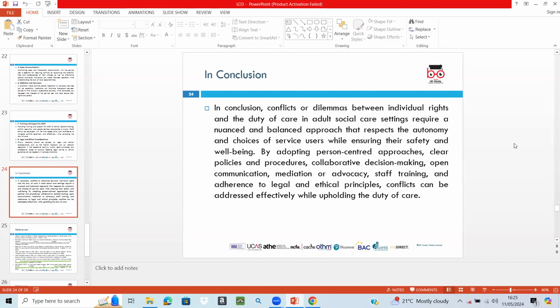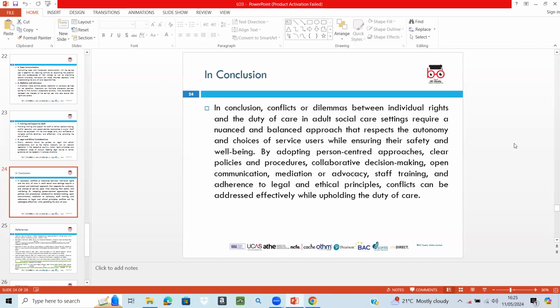This comprehensive approach ensures that rights, needs, and preferences of service user are respected and protected, and promoting a culture of care, respect, and dignity in adult social care settings. So these all were the important aspects.